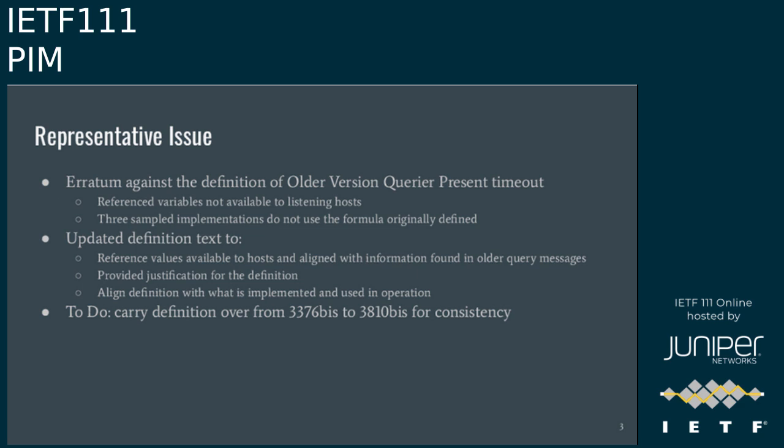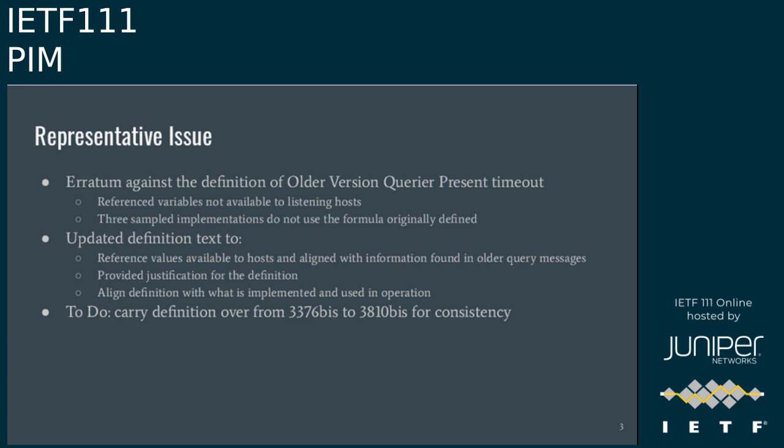The older version query interval is the timeout for transitioning a host back to IGMPv3 mode once an older version query is heard on the wire. The problem here is that the referenced variables in the definition are not even available to the listening host. We looked at three sampled implementations and they do not use the formula originally mentioned in RFC 3376.